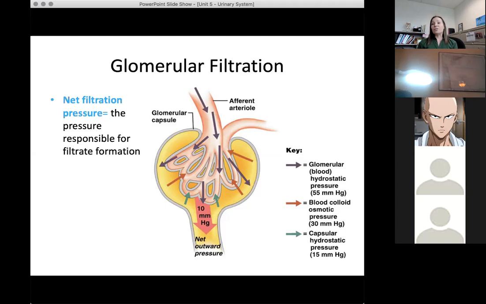The first is hydrostatic pressure in the capsular space. This is the pressure exerted by filtrate that's already been made, in this capsular space here.